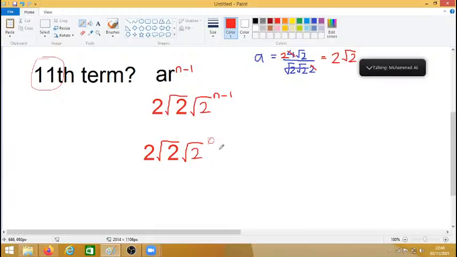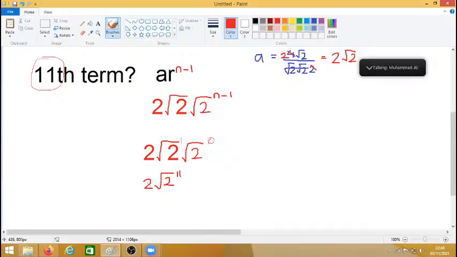Root 2 to the power 10, and this is root 2 to the power 1. So root 2 to the power 1 times root 2 to the power 10 would be root 2 to the power 11. So I'd have 2 times root 2 to the power 11.